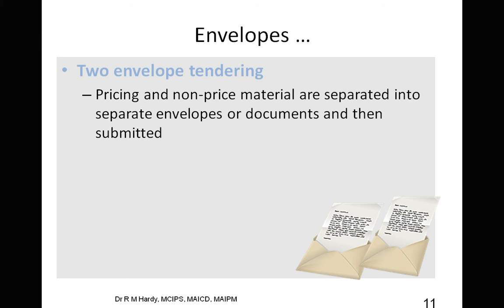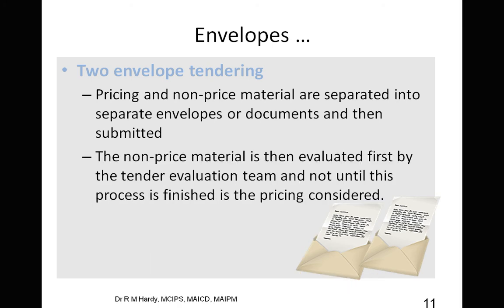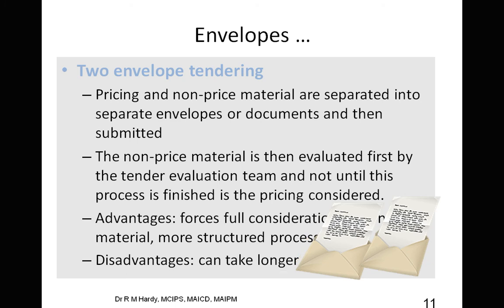All of those things that are really crucial to a successful completion of a project are assessed first, right? And then from that, you choose the builder that you want, and only when this process is finished do you then look at the price. Now that's not very useful, is it?